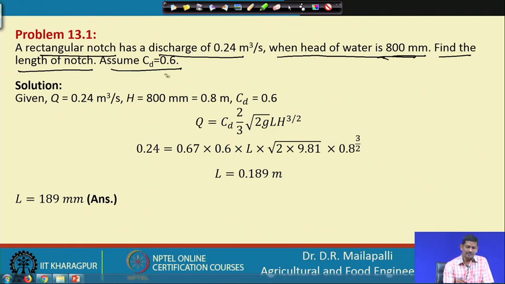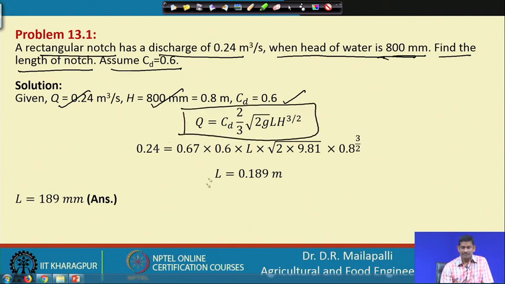Convert H to meters. You have the rectangular weir equation, Q equal to 2 by 3 C_d square root of 2g L H power 3 by 2. Substitute these values here and you will get 0.189 meter.